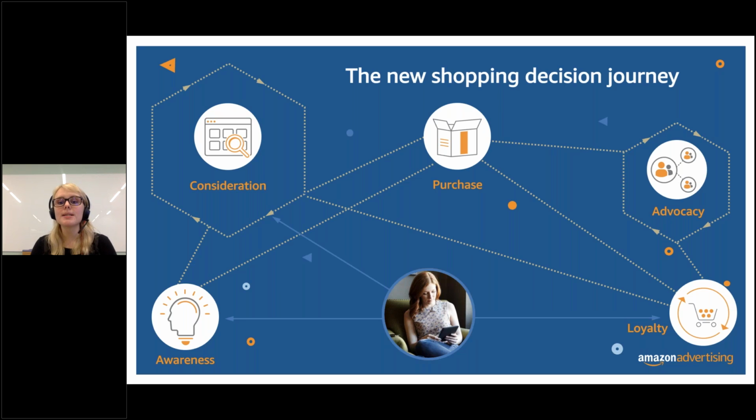So with shoppers in all parts of the decision journey, it's really important to engage those ready to purchase whilst growing your brand visibility with those still in the awareness and consideration phase. Sponsored ads can help you reach shoppers across all these stages, from building awareness to inspiring loyalty, and we'll talk about how you can use the different solutions to do that.